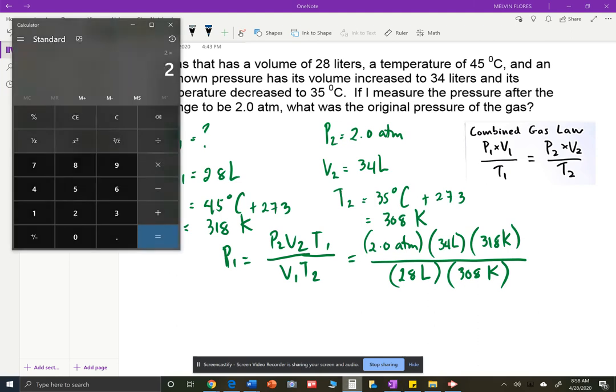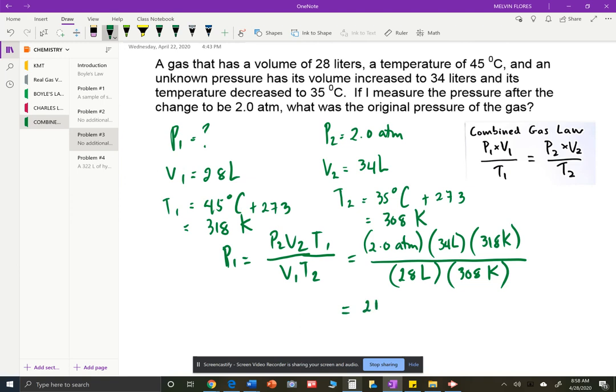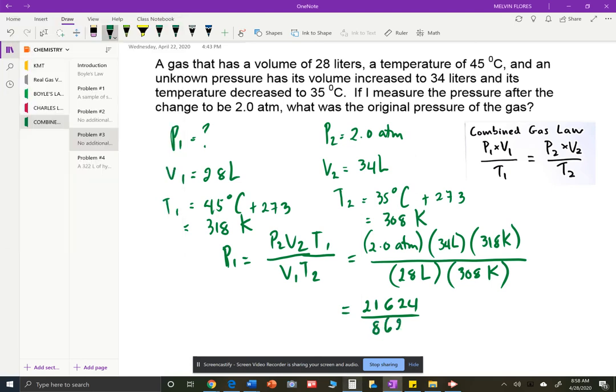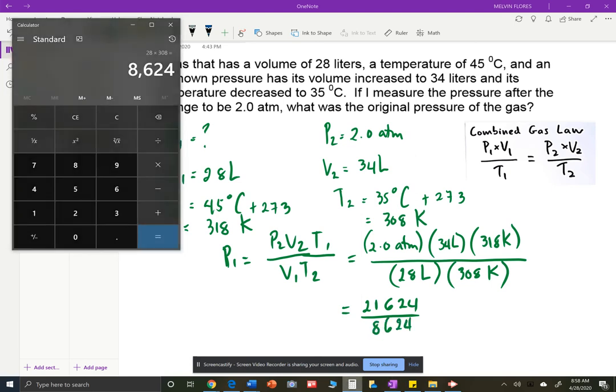So 2 atmosphere times 34 liters times 318. That would give you 21,624 divided by 28 times 308. So we have 28 times 308. That gives you 8,624. That's correct? Okay.